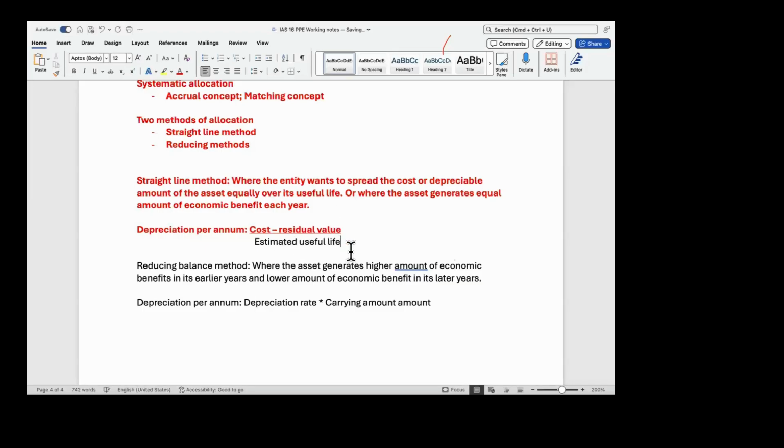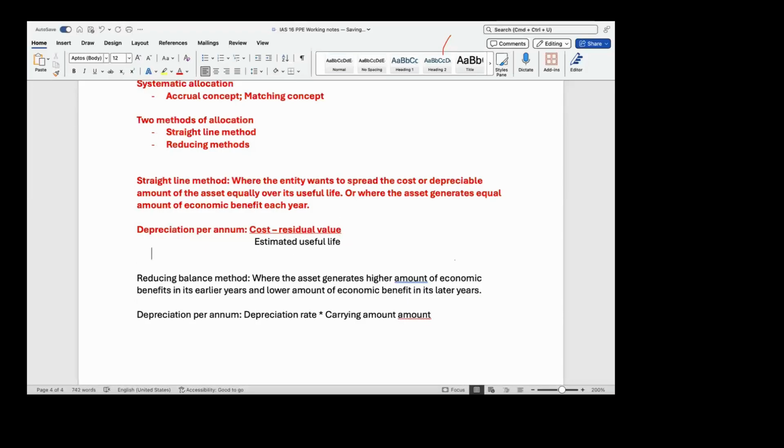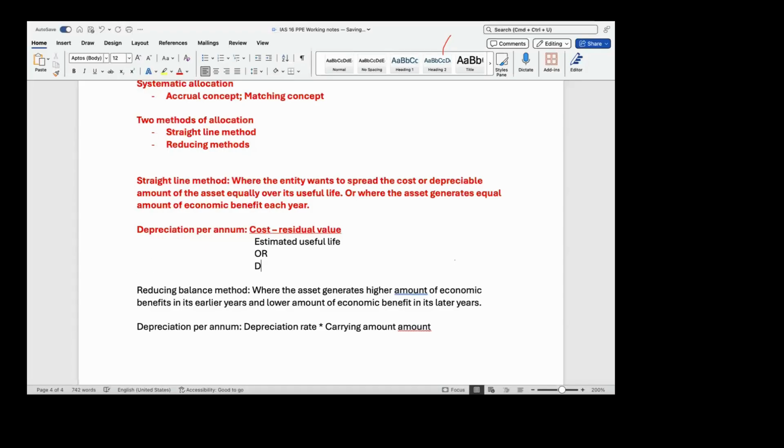You can also use depreciation rates when you're using the straight line method, but in order to give you the same amount of benefit every year, it will be applied on the cost or depreciable amount.